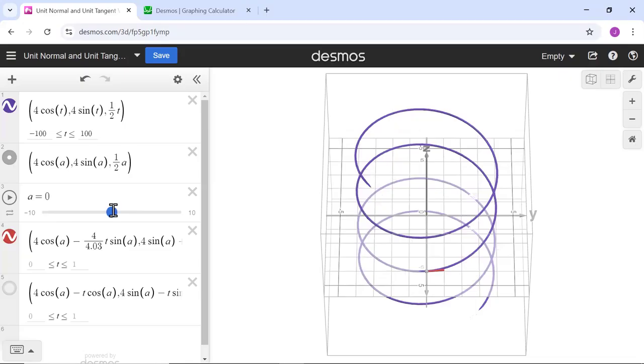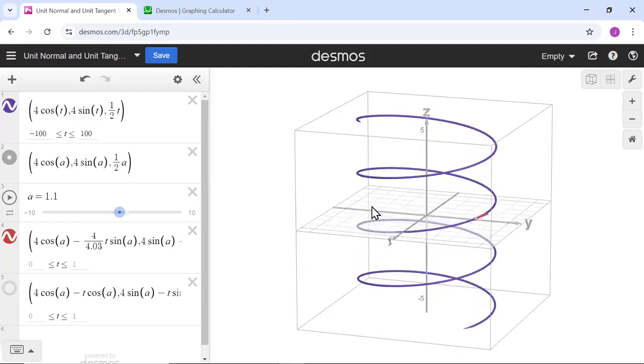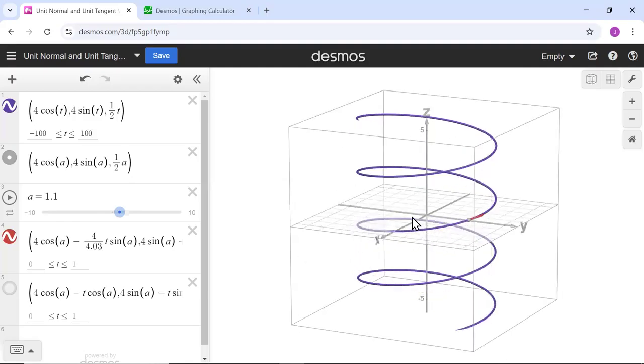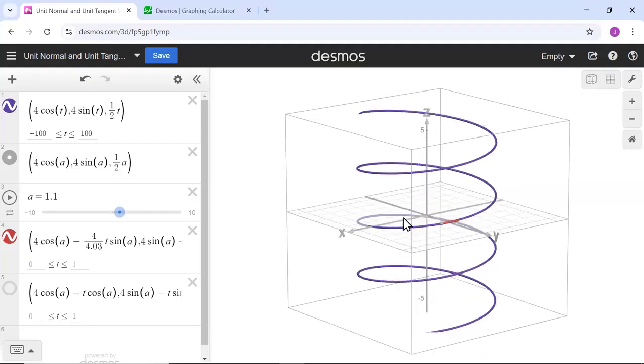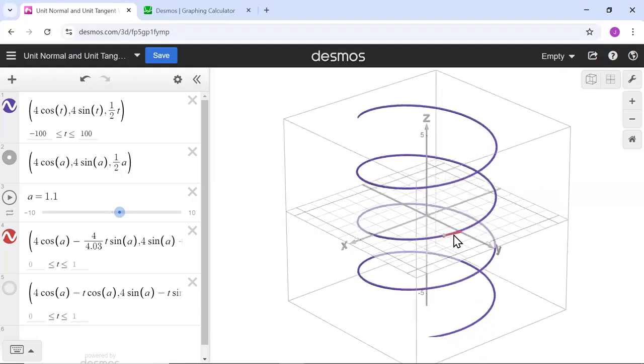And if we move that point along, the unit tangent vector is going to be moving along the curve, but it's going to be pointing in the direction of the travel of the curve. Now notice that in my case, this unit tangent vector is pointing kind of up and to the right.